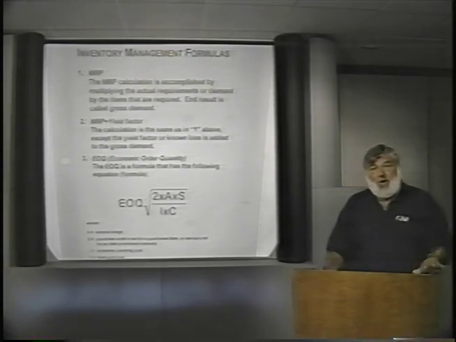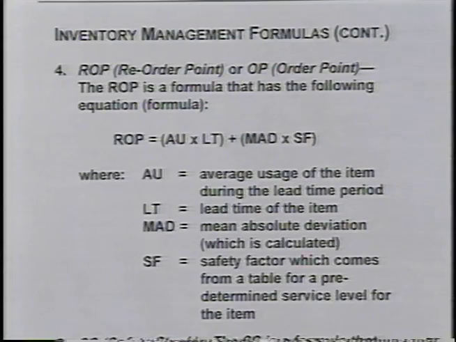The fourth one is the reorder point. And this is a calculation actually of inventory on hand, and that inventory on hand is identified as reorder point. So it merely says in basic English, when I reach the reorder point, which is calculated, I should reorder. Therefore, the reorder point consists of 2 portions.